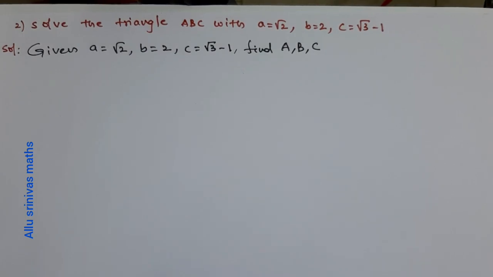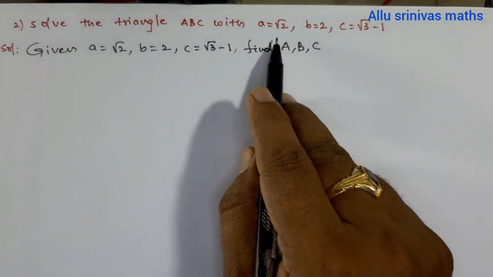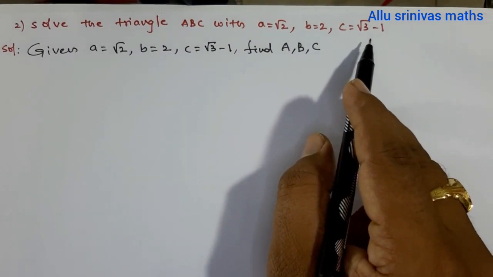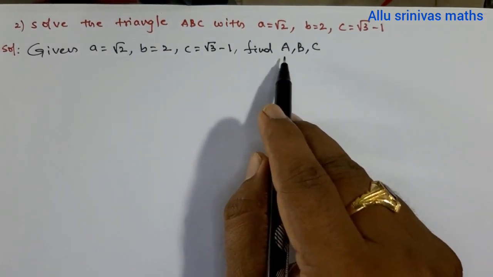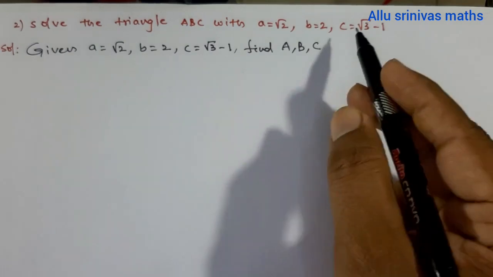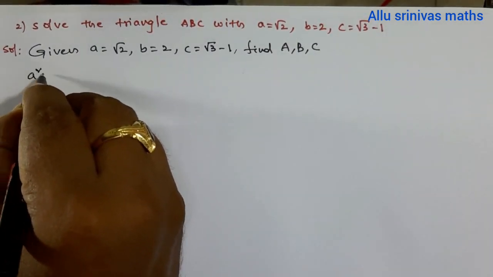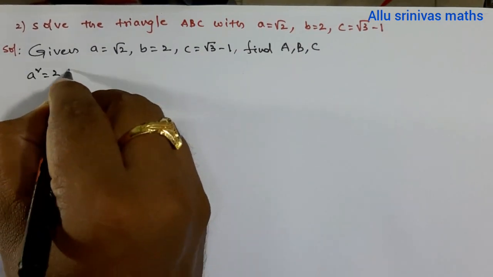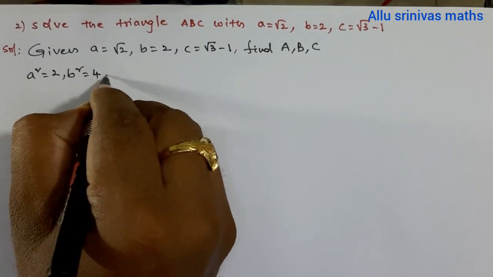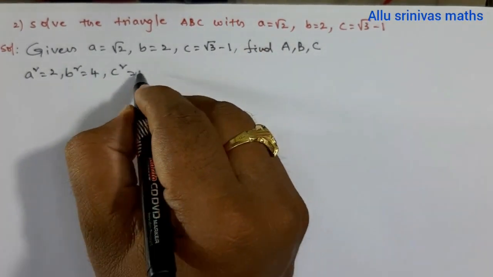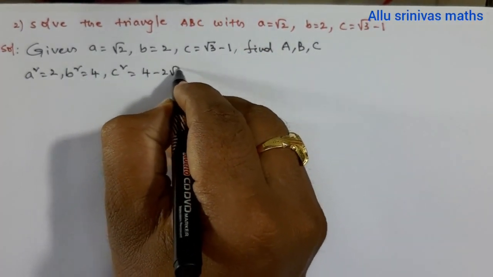We take another problem in this method: solve the triangle ABC with a equal to root 2, b equal to 2, c equal to root 3 minus 1. Now we have to find angle A, angle B, angle C. For that we write a square equal to 2, and then b square equal to 4, and then c square is, applying the (a minus b) whole square formula, 4 minus 2 root 3.